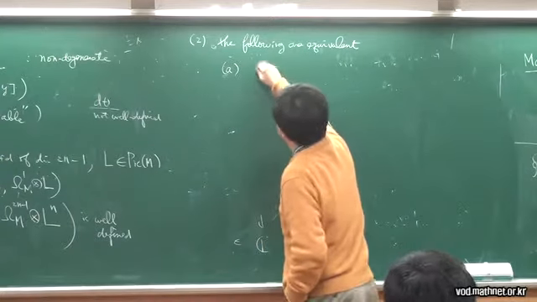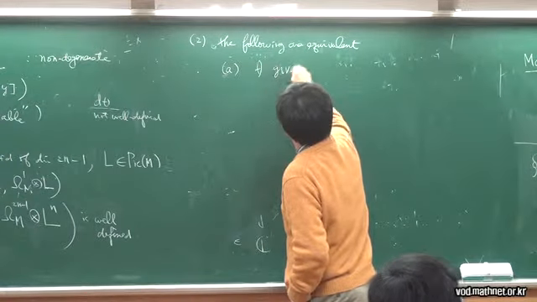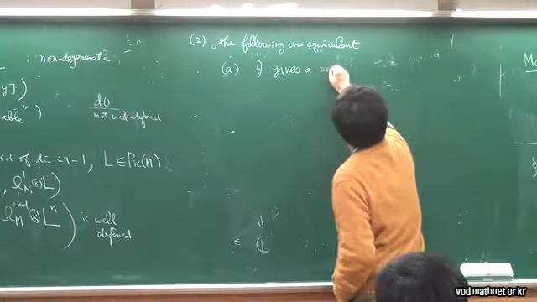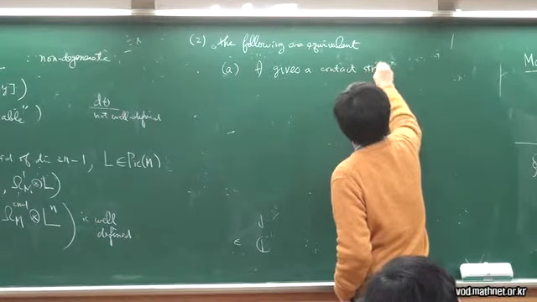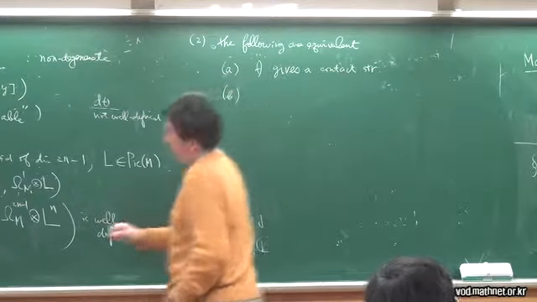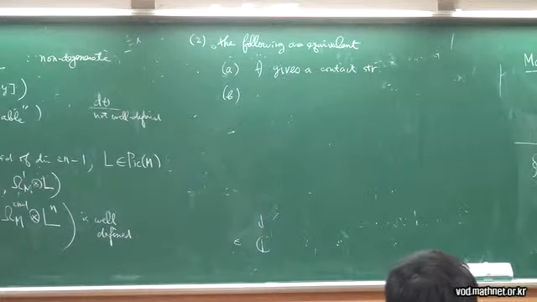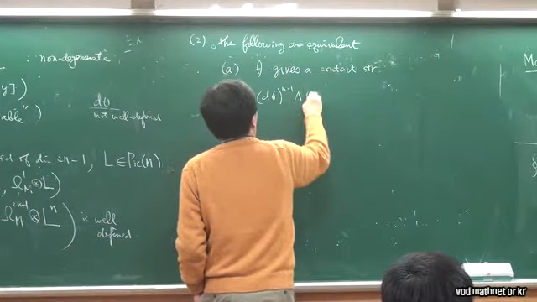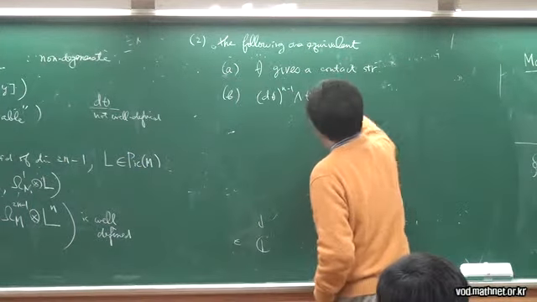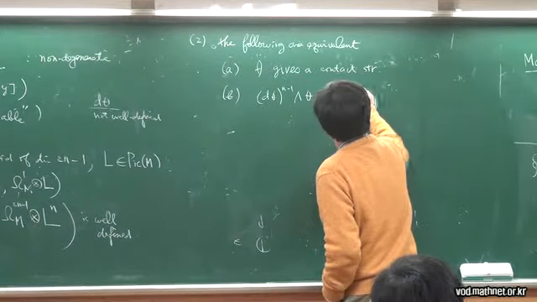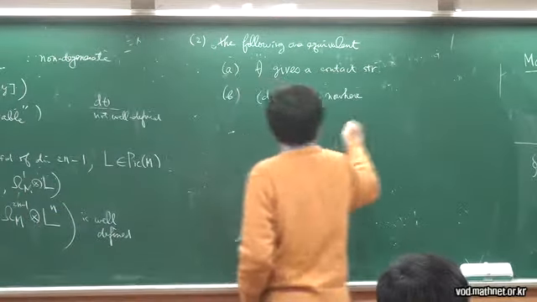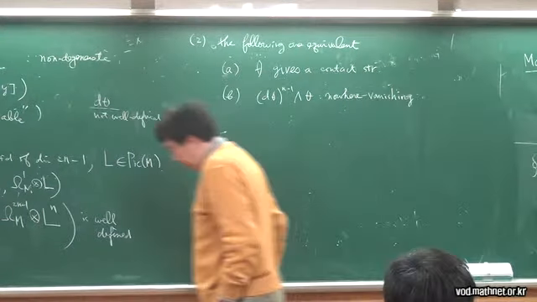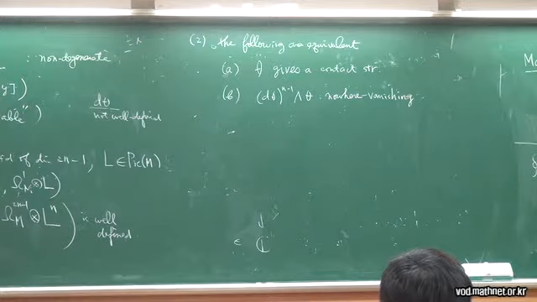B: this is a nowhere vanishing section of this vector bundle. So these are equivalent. Just a moment.